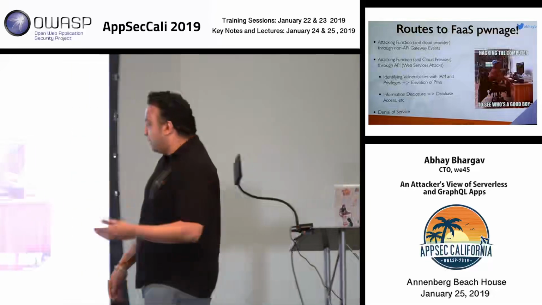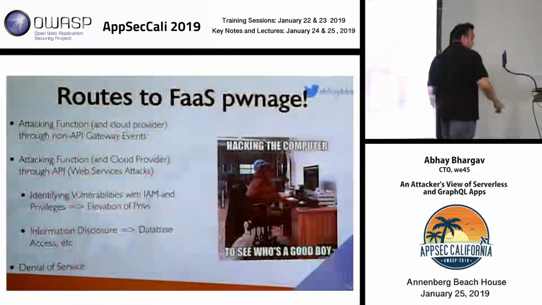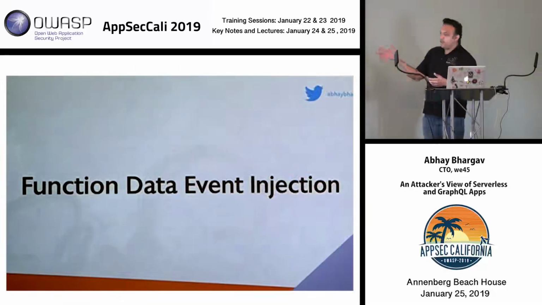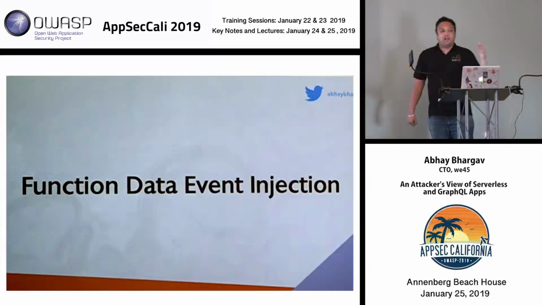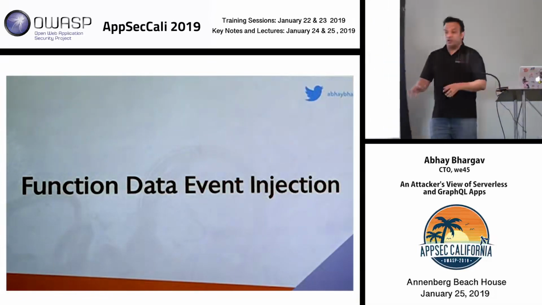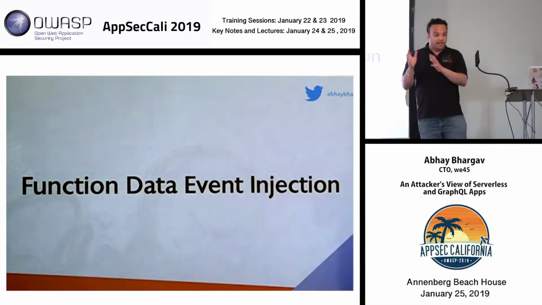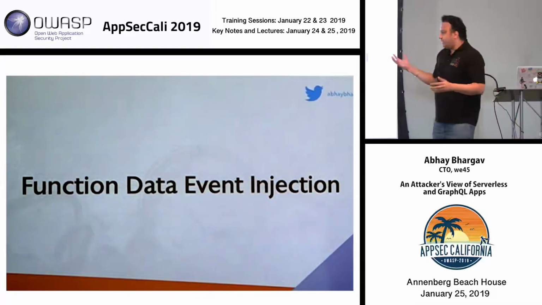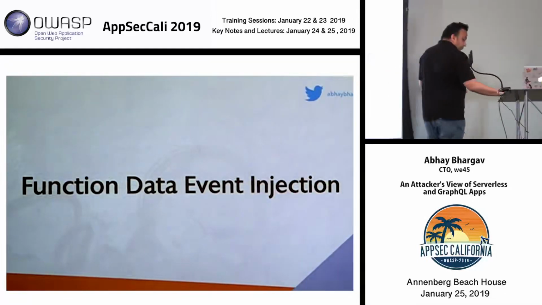And that's why you are having these kinds of triggers. So let me just quickly show you one of the examples, and this is called function data event injection, where you inject payloads or attack vectors through non-HTTP or out of band mechanisms that trigger that particular function, right?